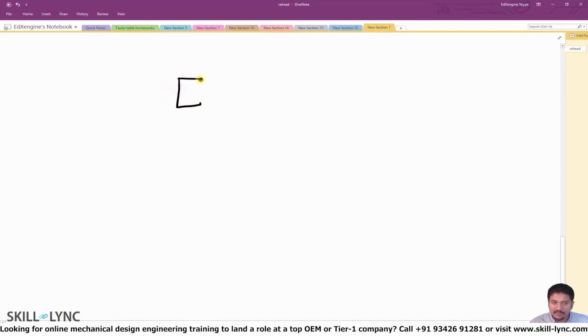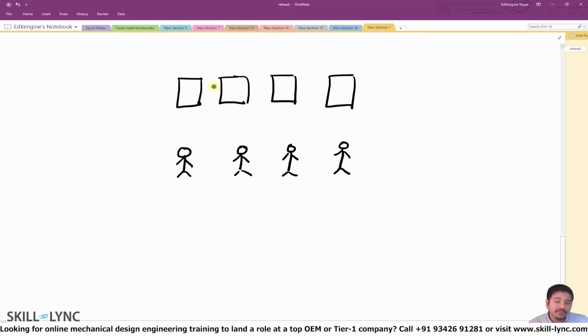The example that I've planned is quite simple. Let us say that we have 4 pages, and our objective is to read all these 4 pages together. Let us say that we have 4 people. Then I can just give each one of them a single paper to read, and that is what you call parallel processing.